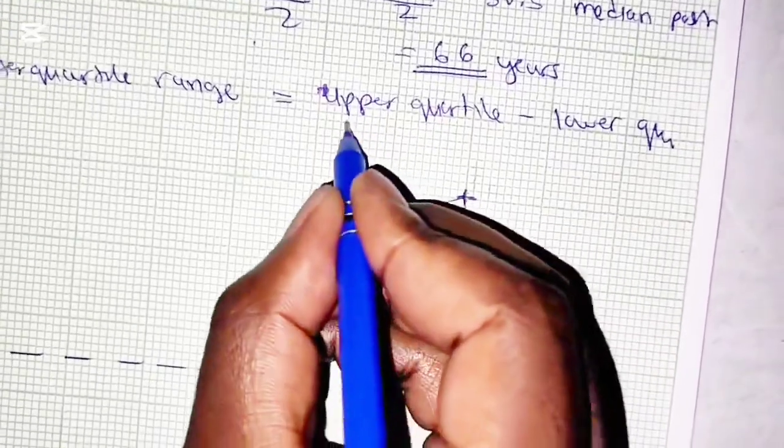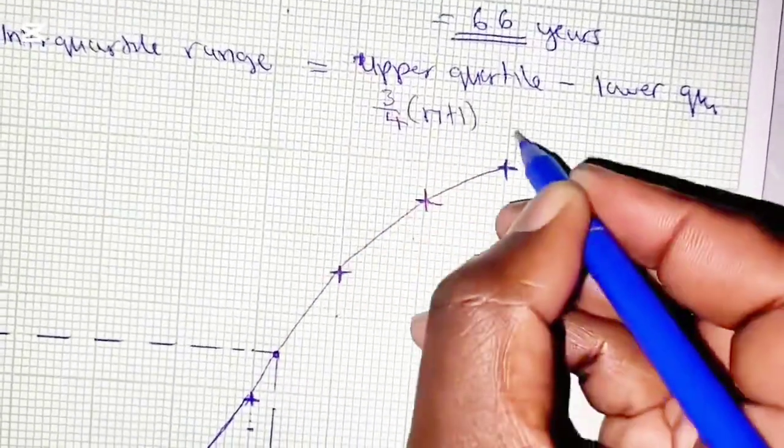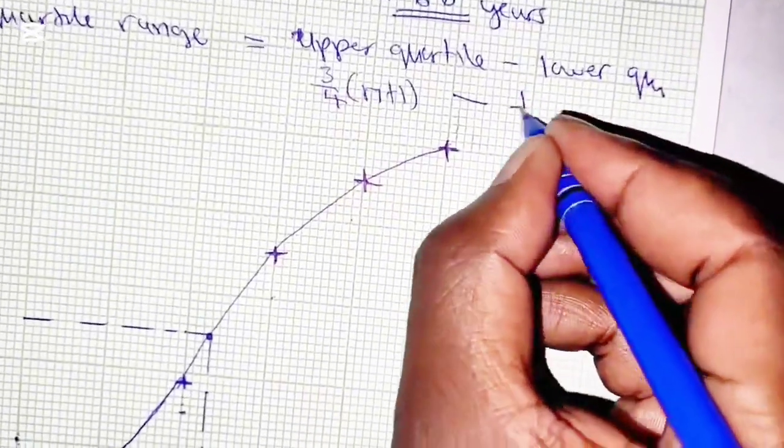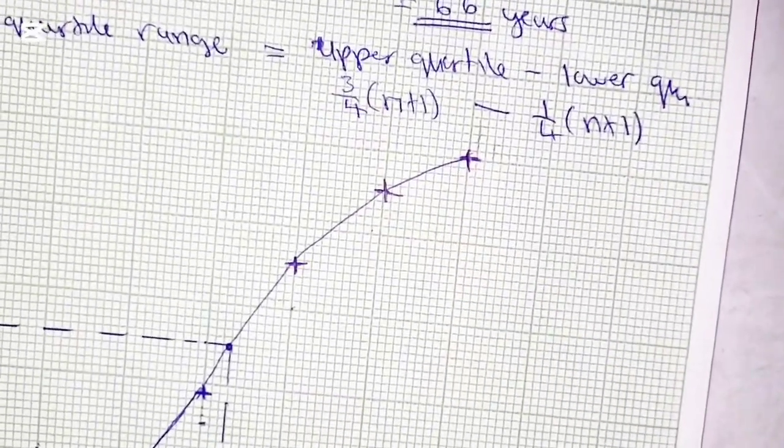So the formula for upper quartile is 3/4 of (n plus 1) minus lower quartile is 1/4 of (n plus 1). Are we together?